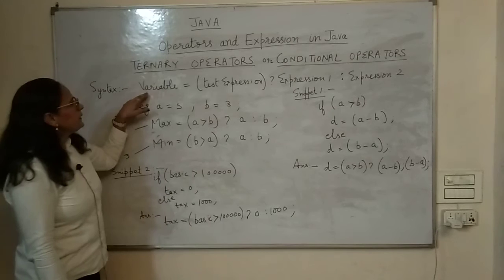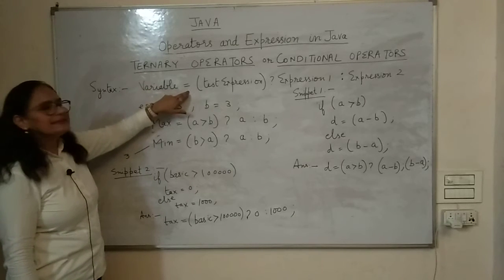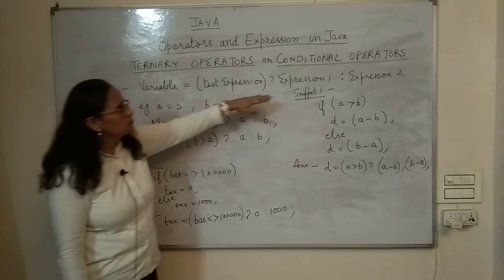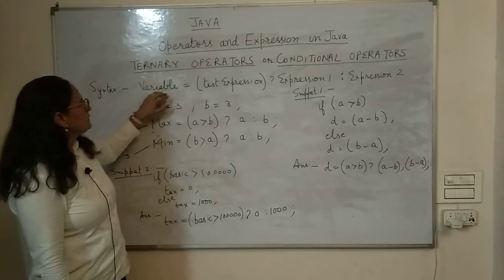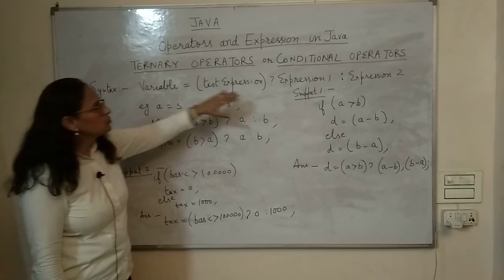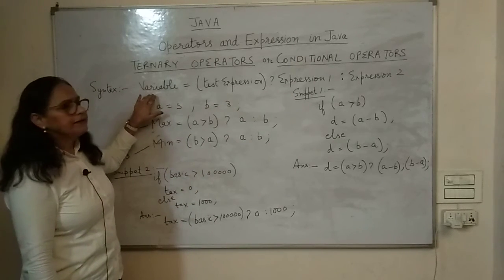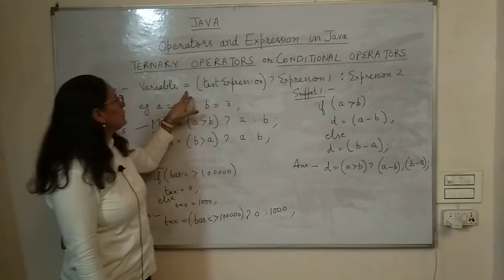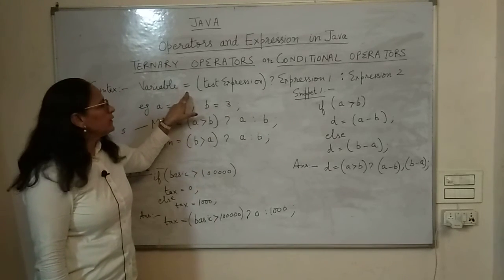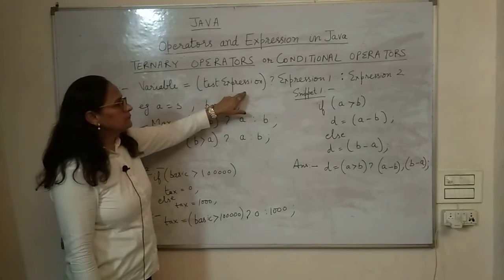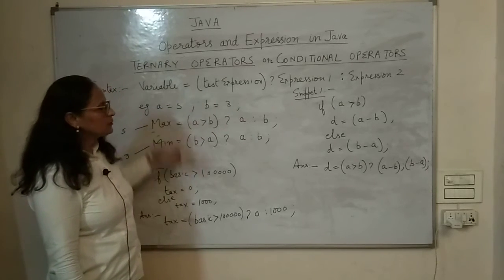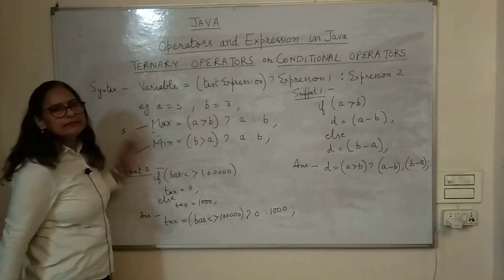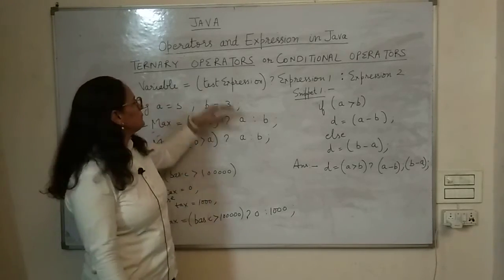Now the variable is going to store the result, as this is the assignment operator, and the assignment operator is going to return the result here. It is going to store the result in the variable. Now how is the right hand side of the equal to sign going to work? There will be a test expression, just like here I have written A is greater than B. This is the test expression.